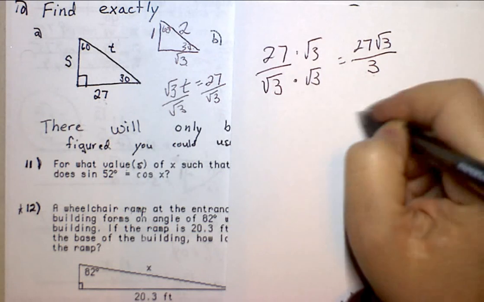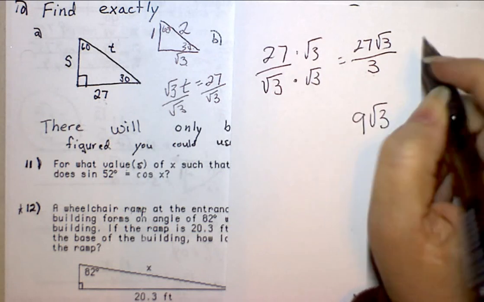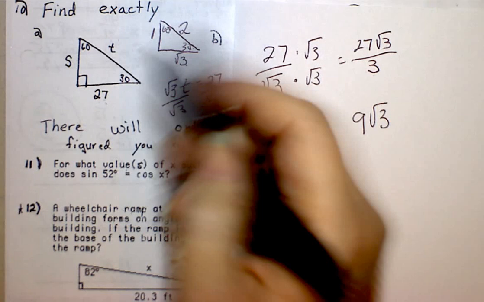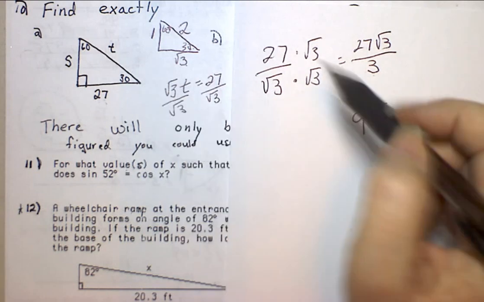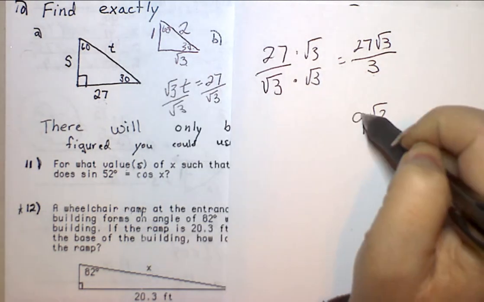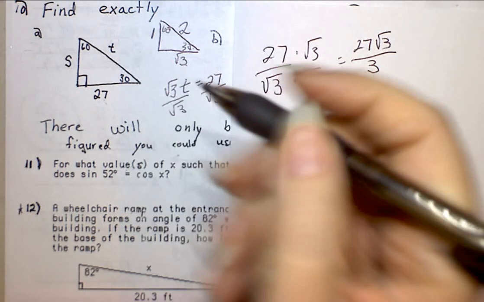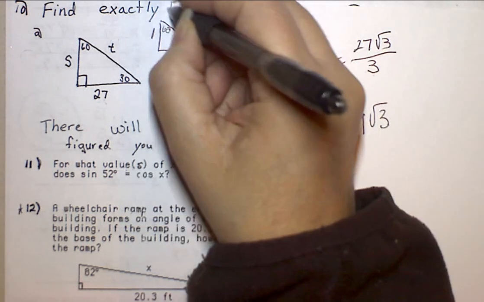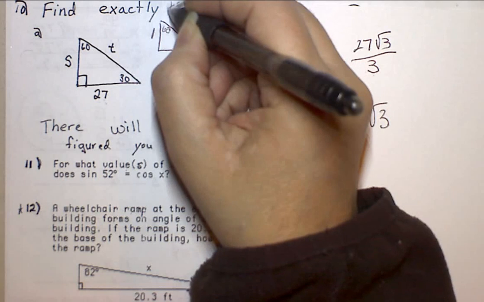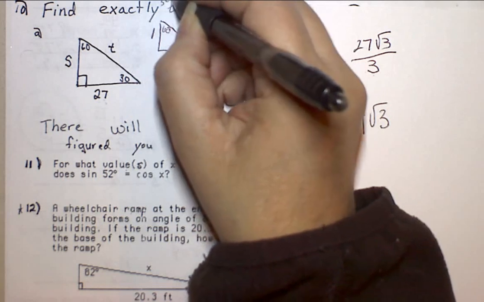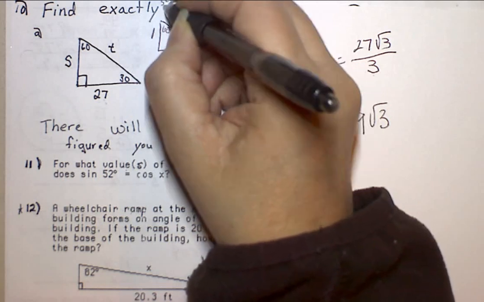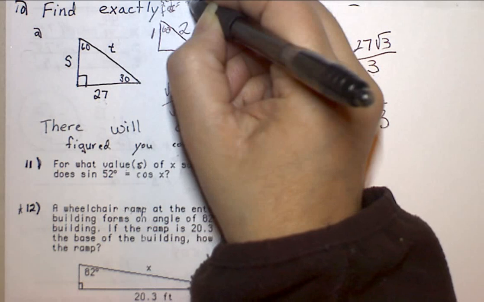So we have 9 square roots of 3. So my scale factor of this one is 9 square roots of 3.